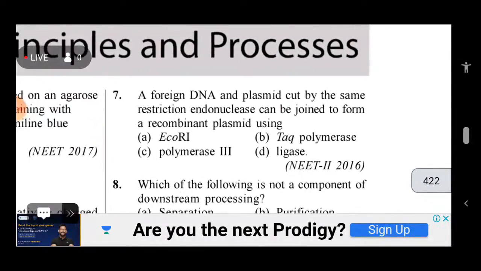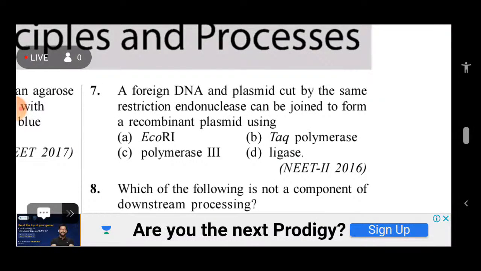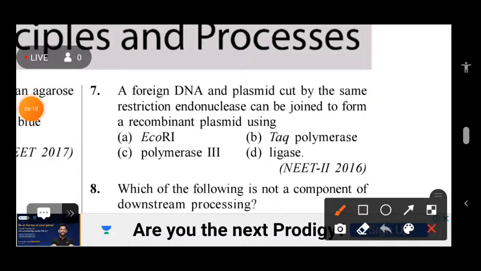Seventh question: a foreign DNA and plasmid cut by the same restriction endonuclease can be joined to form a recombinant plasmid using. It is a very easy question. It was already studied in the biomolecules chapter as well as principles of inheritance and molecular basis of inheritance. It is DNA ligase.